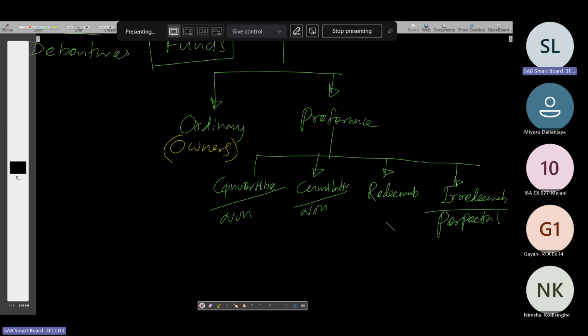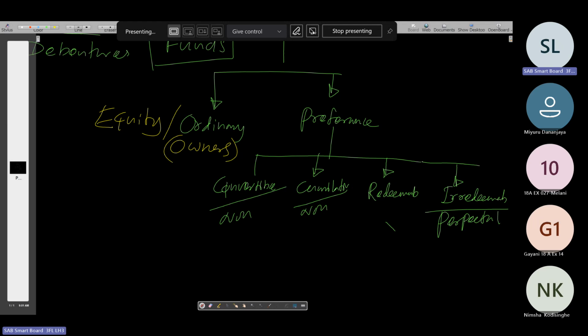So if any amount remains, it may be distributed among the ordinary shareholders, because they are the real owners. Another name given to ordinary shares is equity shares. Equity shareholders, or ordinary shareholders.